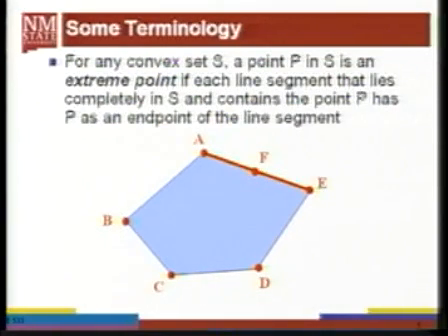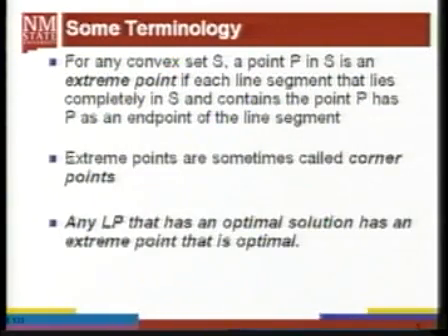So in this class, if I say extreme point, this means the corner point, okay? And if any linear programming model has an optimal solution, then it should be one of the extreme points of the feasible region, okay?